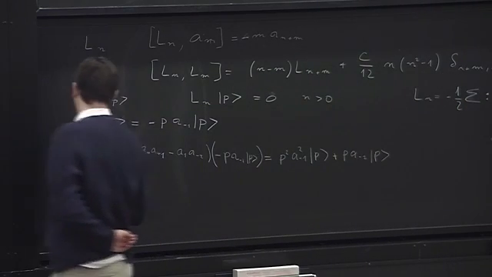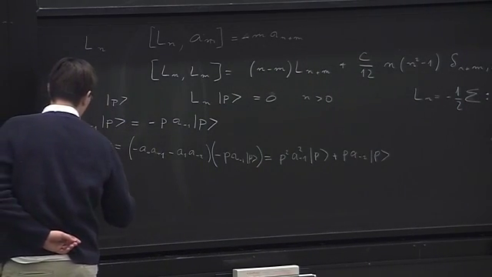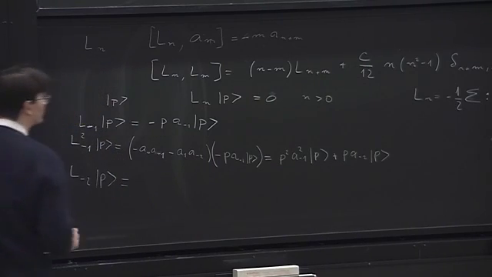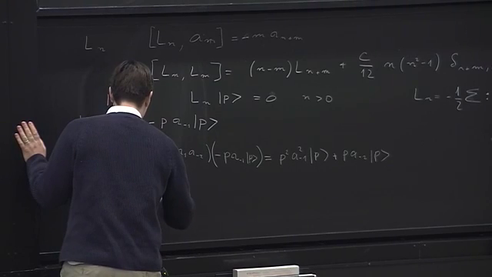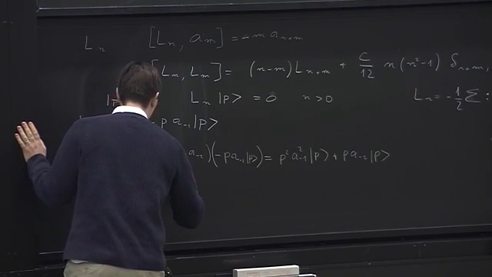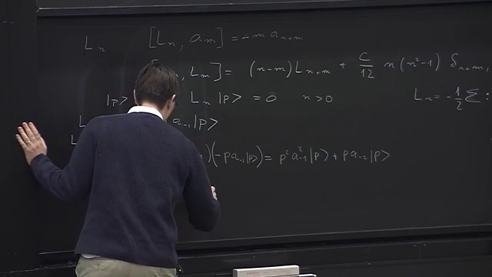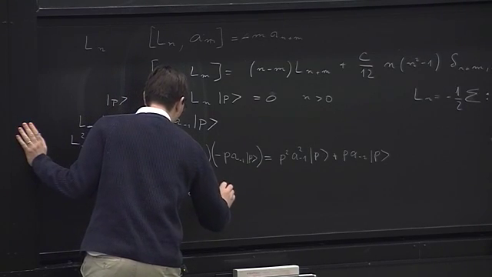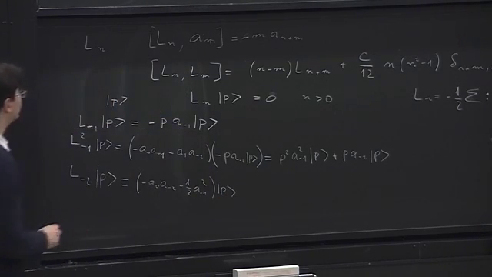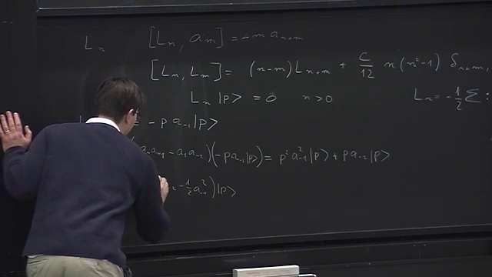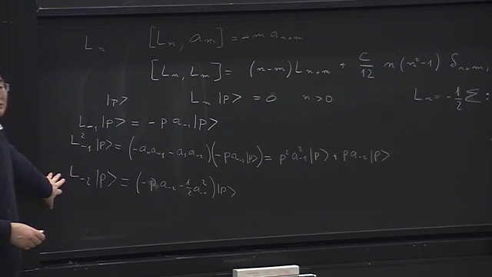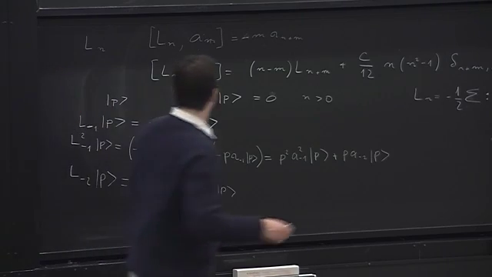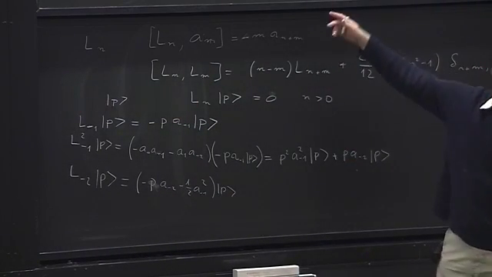Or I can do L minus 2 on p, and get something like that. So you see, if I build my states with L's instead of A's, I just get different linear combinations of the same states I got there, of course.